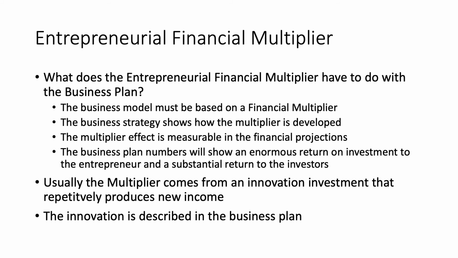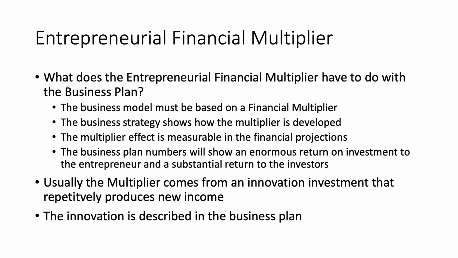And ideally, the investment that is placed in the business through the entrepreneur's time, through any capital they put in, and investments from other third-party sources, which we normally refer to as the investors, is going to be invested in the company in a way that develops the innovation.